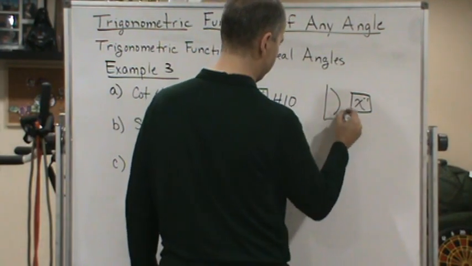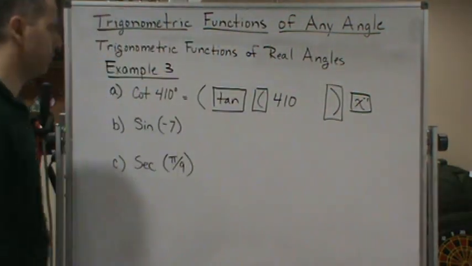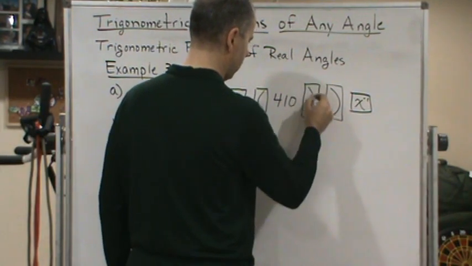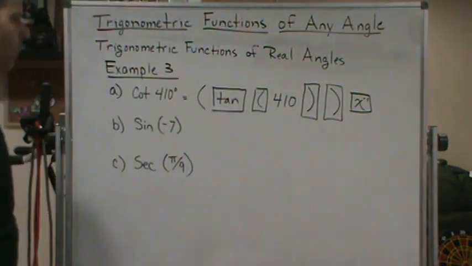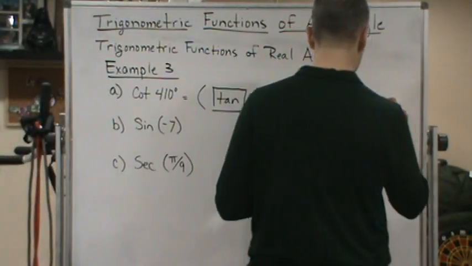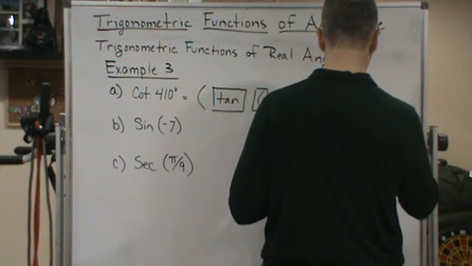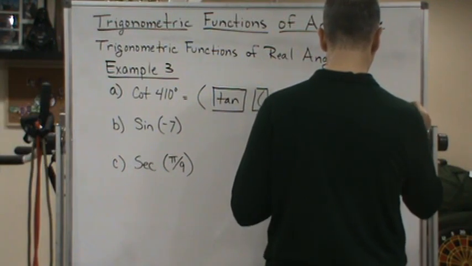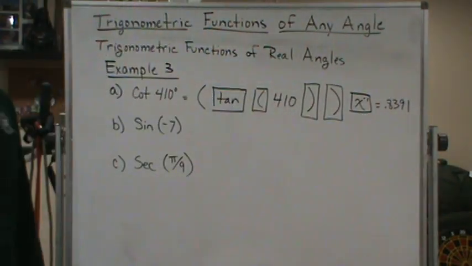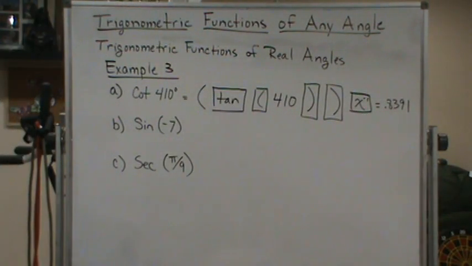Like so. And that will give you 0.8391 if you round to 4 decimal places.